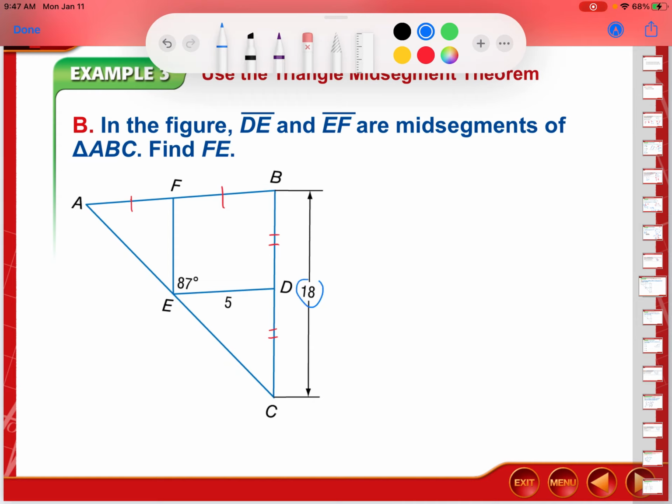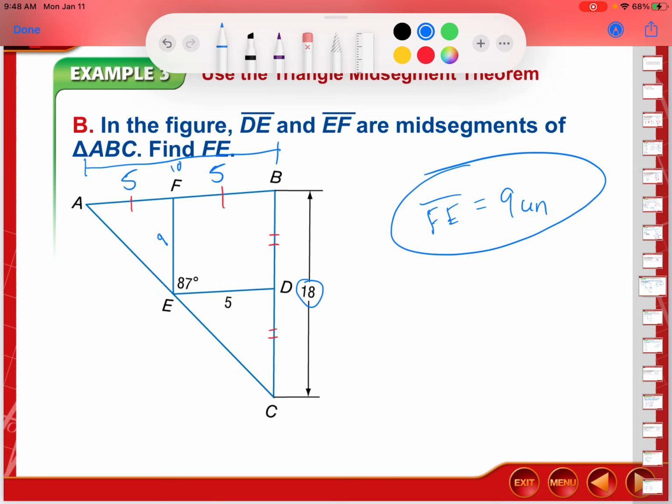We know line FE is going to be half as big as 18, so it's going to be 9, and then we know ED is going to be half as big as AB, which means both of these are going to be 5, or the whole thing is going to be 10. Okay, now they're asking us to find FE, so we did that in me labeling literally everything. So 9 units.